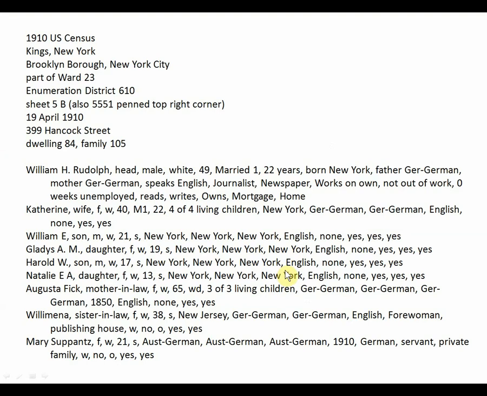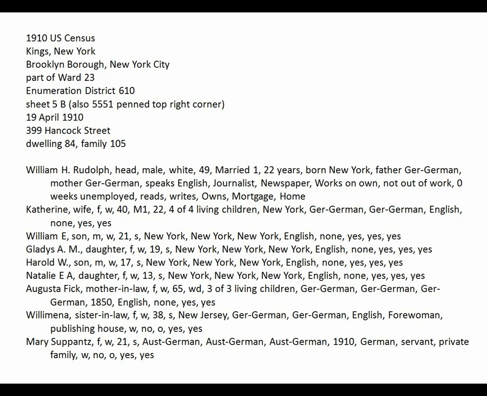I recommend when you are researching someone and you're going to really want to dig into that family, that you go the extra mile and transcribe each of the records that you find for them. Because inevitably, when you read a record, you will overlook something.